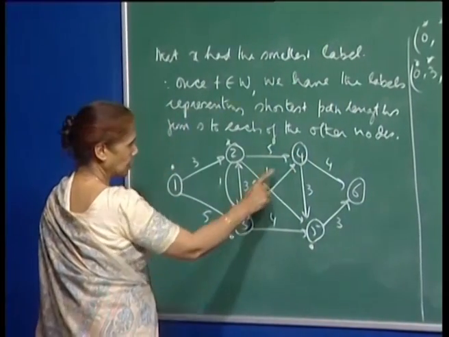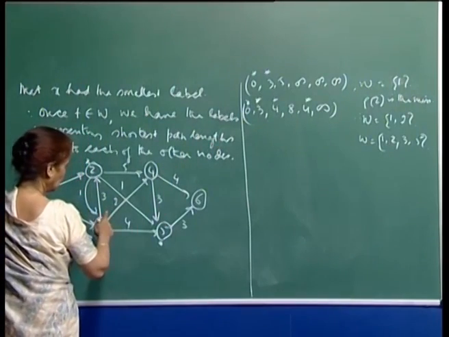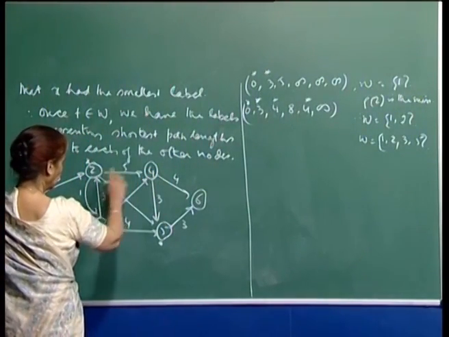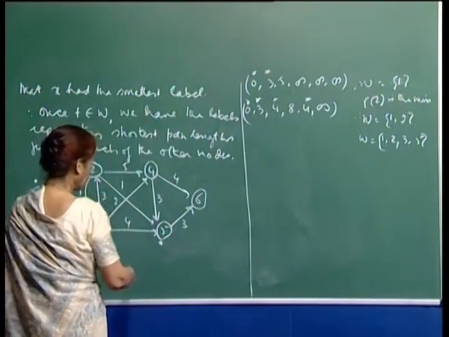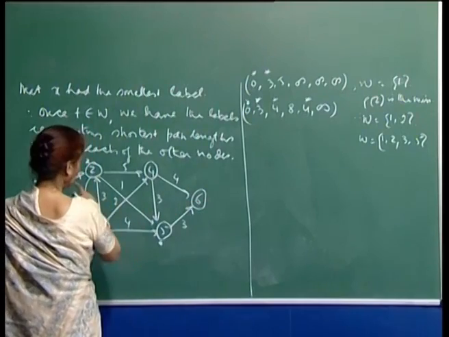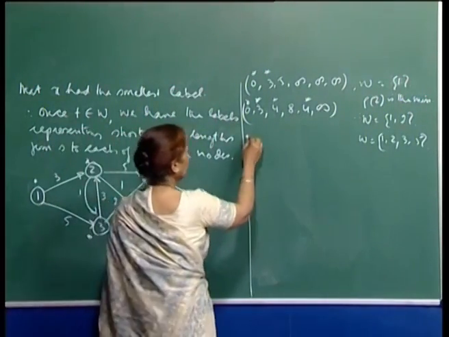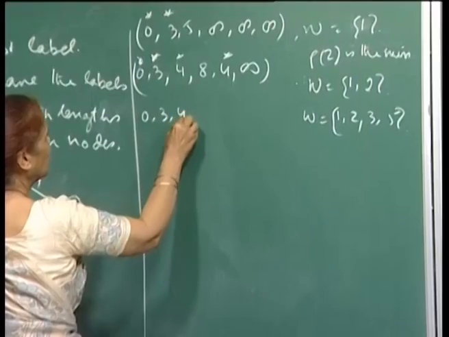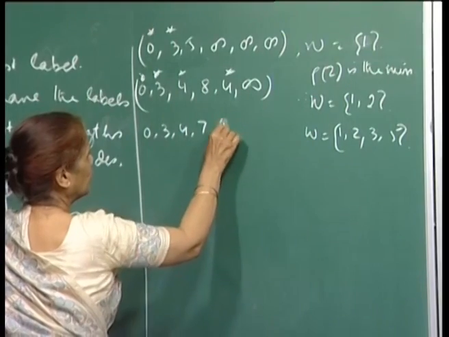So this is 5 plus 2, 7, and the earlier one is 8, and there is no other path to reach 4. So that gets updated to 7. And from 5, the old one is 3 plus 4, so 4 plus 3, 7. So now the new labels are 4 and 7.